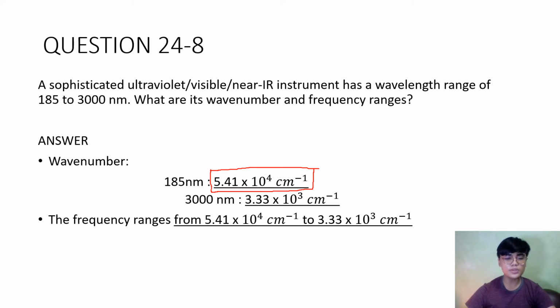For 3000 nanometer wavelength, the wave number is 3.33 times 10 raised to 3 centimeter raised to negative 1. So the frequency ranges from 5.41 times 10 raised to positive 4 centimeter raised to negative 1 to 3.33 times 10 raised to 3 centimeter raised to negative 1.